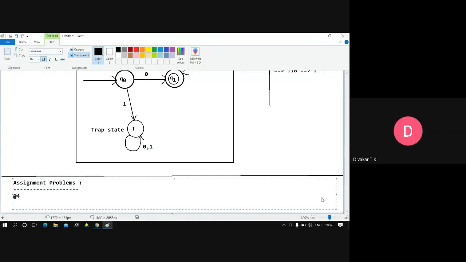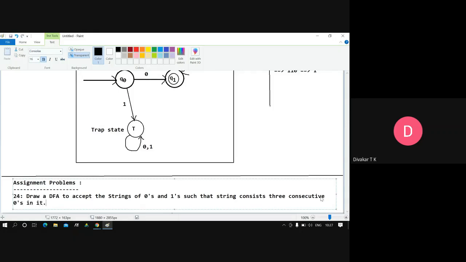So problem number 24: draw a DFA to accept the strings of zeros and ones such that the string consists of 3 consecutive zeros in it.